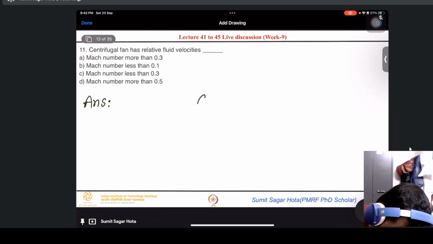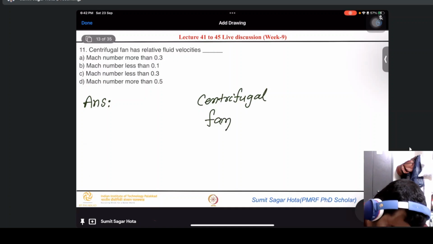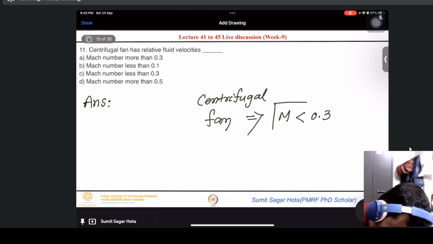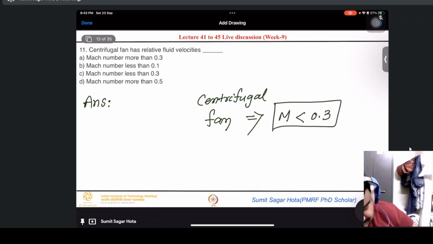It's obviously the centrifugal fan: Mach number less than 0.3. So the answer is C.